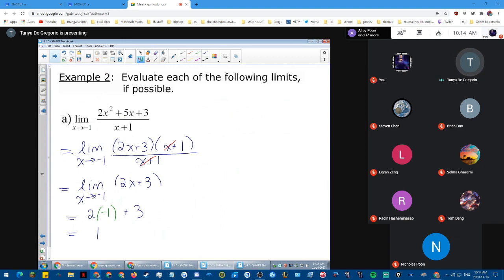And -2 plus 3. Oh, not necessarily. Look what it says here. It's possible. Some of them might not exist.